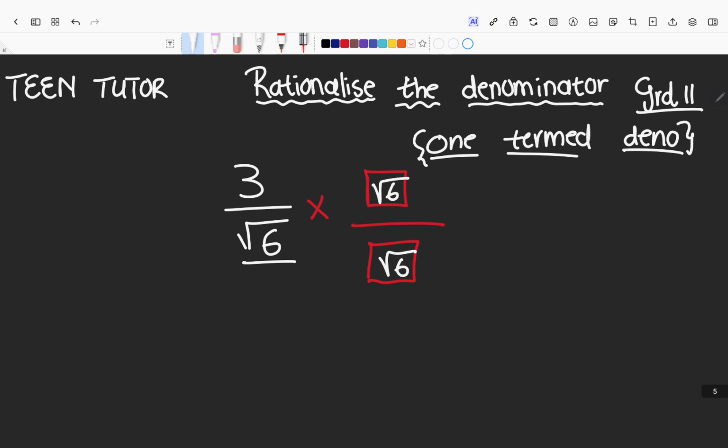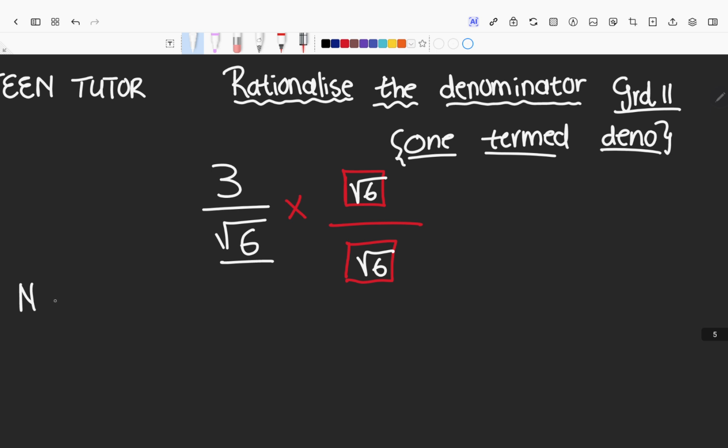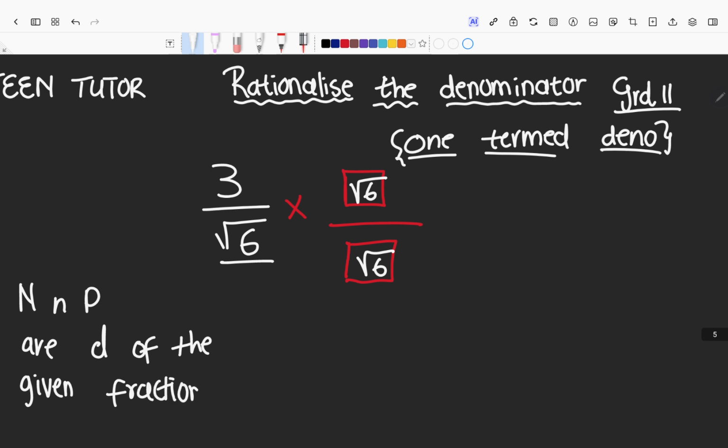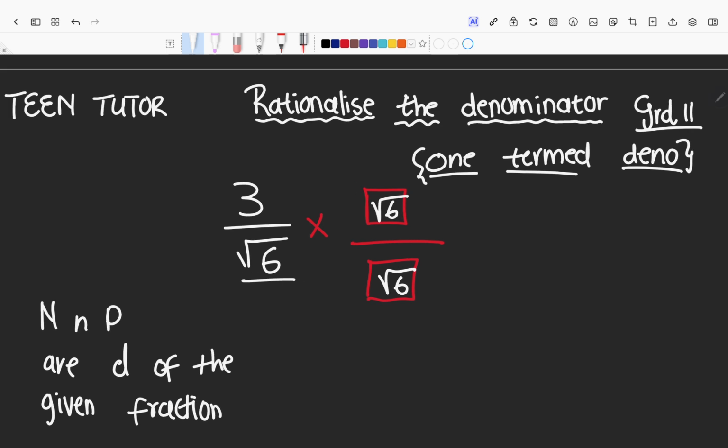So the numerator as well as the denominator are actually the denominator of the given fraction. Simple as that. Now you can just do the normal mathematics. Remember, the numerator has to multiply the numerator, and the denominator will multiply the denominator.